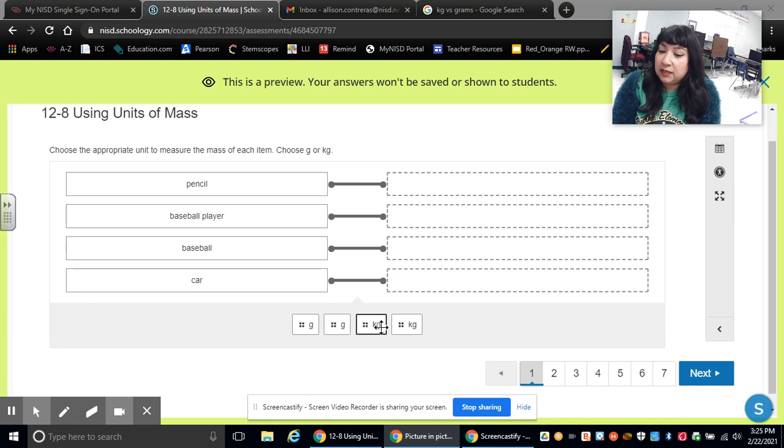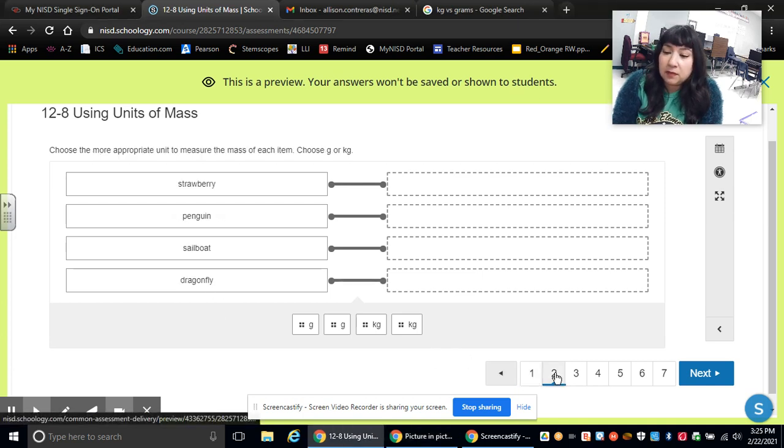Obviously, the small items you would do in grams, and the two large items you would measure in kilograms. So I'll read them again: pencil, baseball player, aka a human, a baseball, and a car. She may or may not have done these with you. Again, I'm doing this on Monday, so I'm not sure what she's going to do.